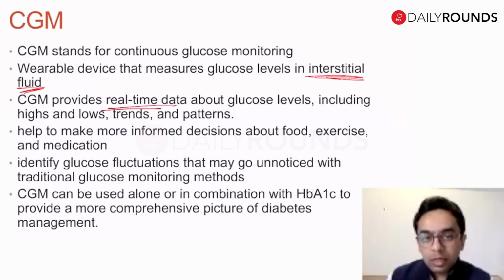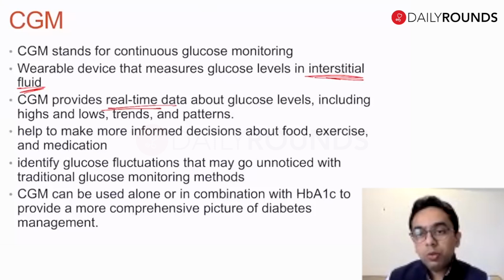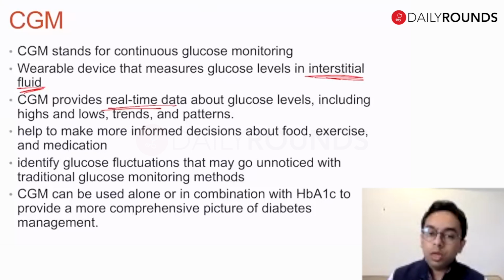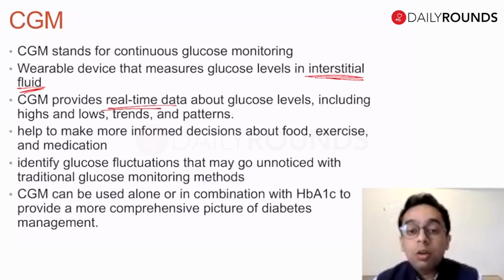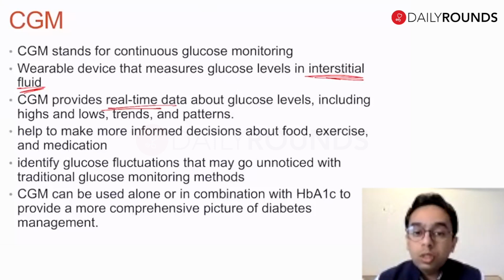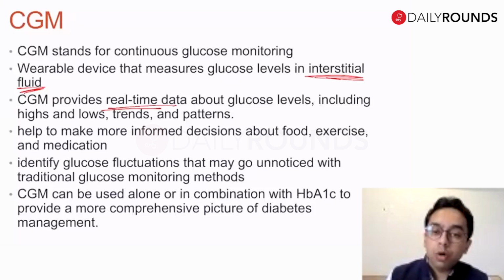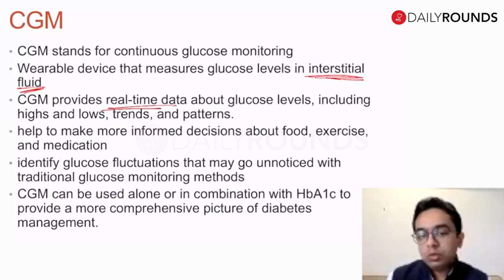That means at that time, whatever the blood sugar of the patient is would be reflected on the meter, and you would also be able to know the trends, whether it is going up or down, lows, highs, and the pattern, like if the post meal sugars are high, or what we talk about is the Somogyi phenomenon, where the blood sugars drop at night and there is a rebound rise early morning. So all those things you can get from this CGM data, and thereby you can change the medication, especially insulin, or you can make changes in the food.